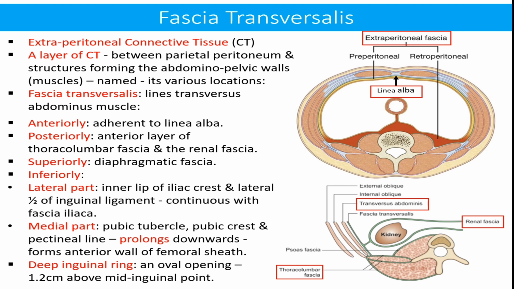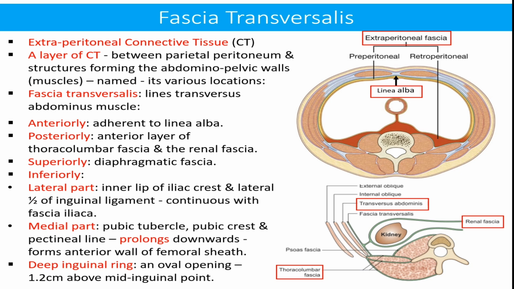Superiorly, it is continuous with the diaphragmatic fascia under the diaphragm. Inferiorly, it is divided into two parts. The lateral part is attached to the inner lip of the iliac crest and the lateral half of the inguinal ligament, where it becomes continuous with the fascia iliaca.